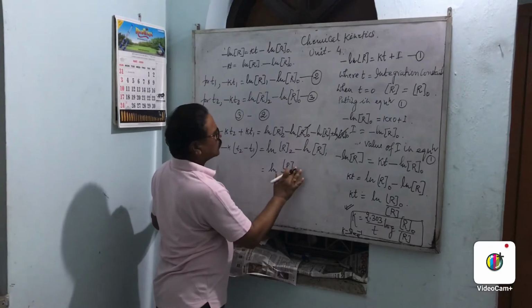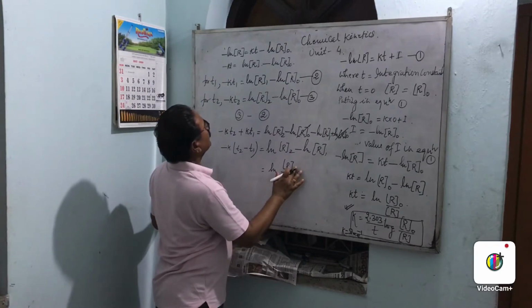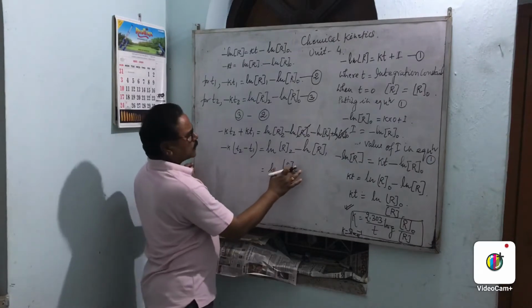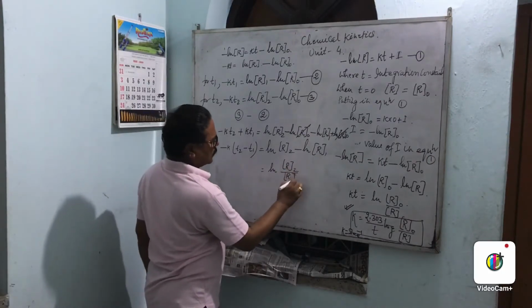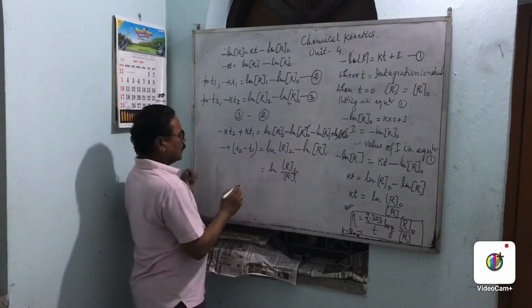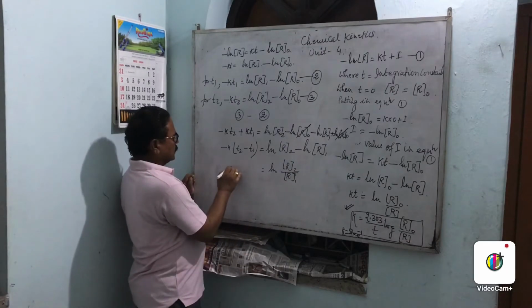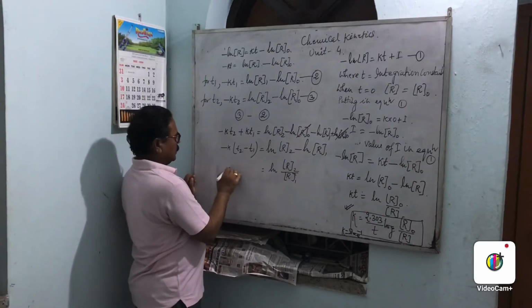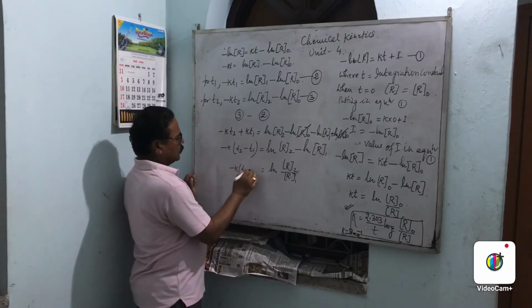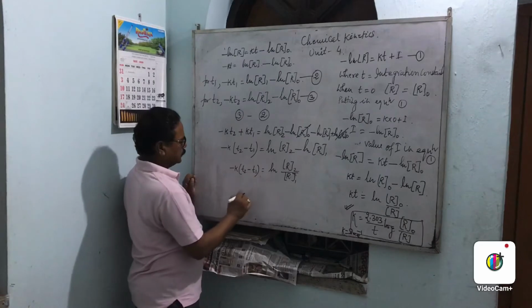Here R2 and R1 are the concentrations, we take them in square brackets, where R1 and R2, and here is minus k, and this is t2 minus t1.